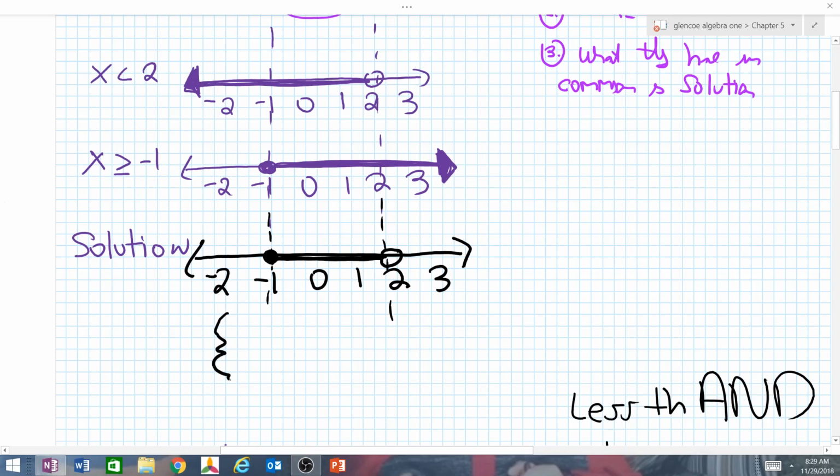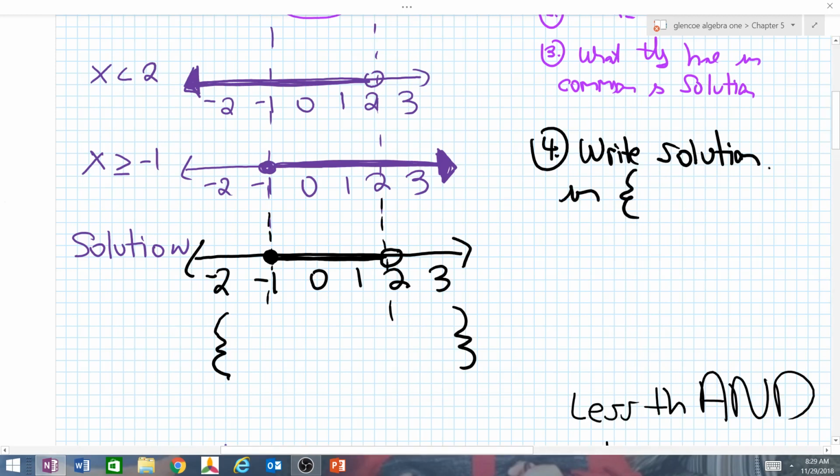And I'll say, absolutely. So now we are going to write our solution in set builder notation. And so I'm just going to stand up for a minute and just be very dramatic about this.